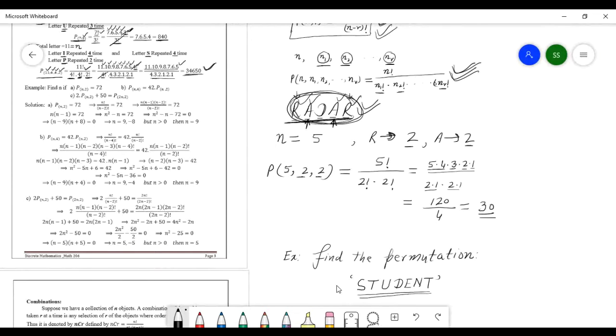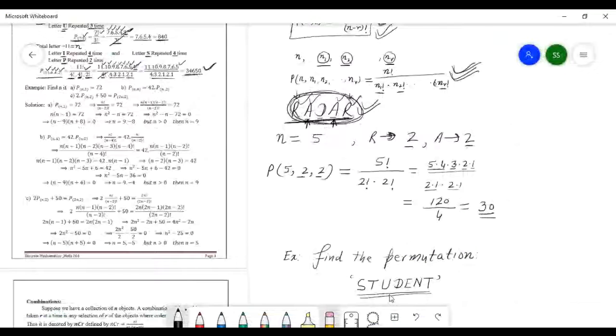Solve and write here your answer. Tell me. What is the answer? Yes, 2520. Yes, you are right. Good.